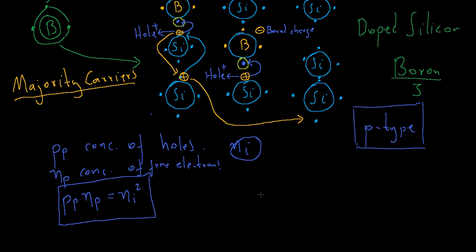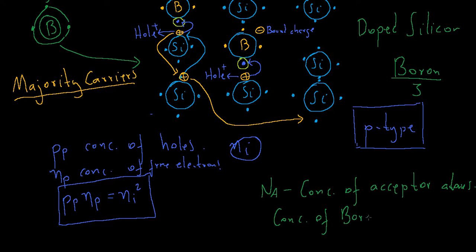Now another term is ND, or sorry, Na. For P-type it is called Na, and this is called the concentration of acceptor atoms, or in this case it's equal to the concentration of boron atoms.